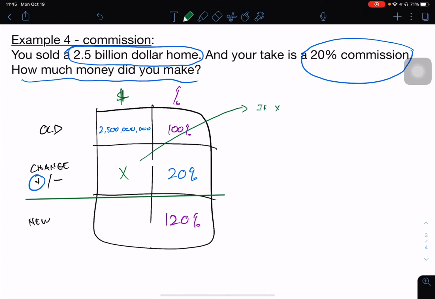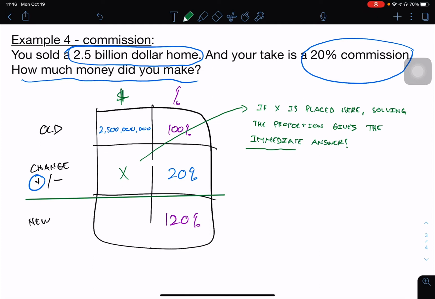If x is placed here, solving the proportion gives the immediate answer. That's very important to know, and I'll tell you why.